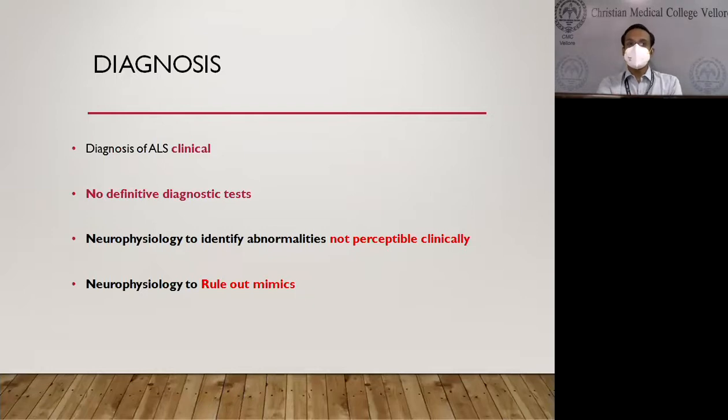An evidently wasted limb, evident fasciculation, or evident spasticity is very obvious, so electrophysiology doesn't add much. But in relatively normal looking limbs, if you're able to demonstrate problems, that is where electrophysiology helps us. It also definitely helps in differentiating mimics of ALS, which we will come to subsequently.